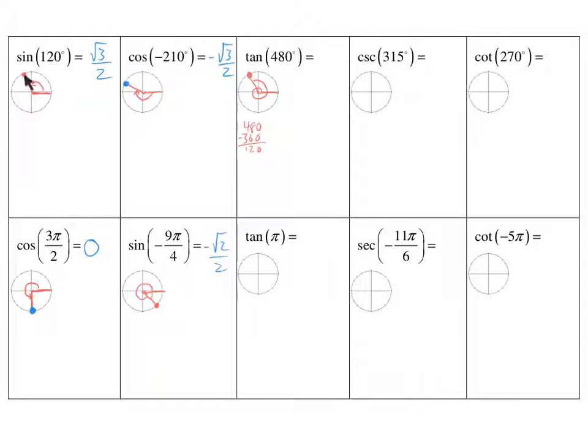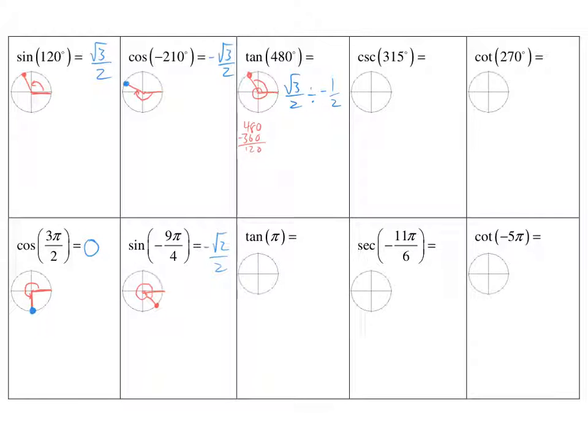Isn't this one the same as this one? But tangent is y over x. It's sine over cosine, y over x. So what's my y? Well, from this point, did I go over negative 1/2 and up square root 3 over 2? So my y is square root 3 over 2 divided by my x, which is negative 1/2.